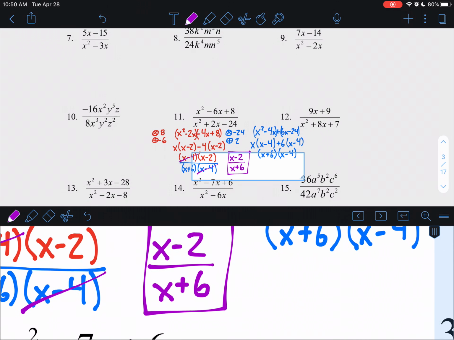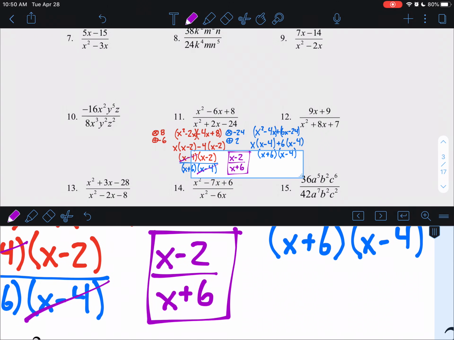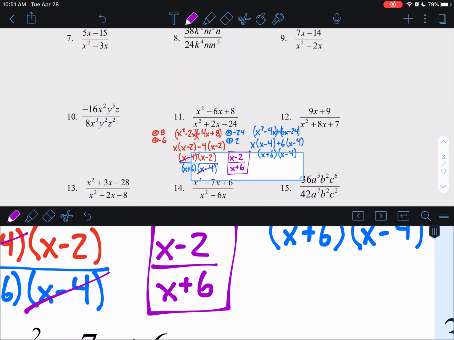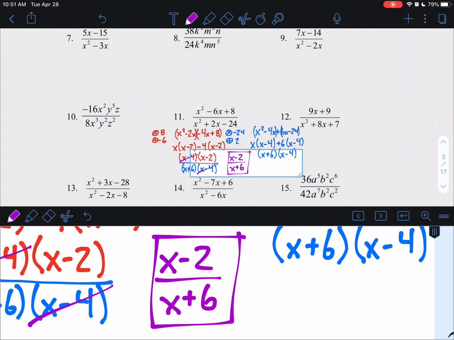I am going to post an assignment along with this where you can go in and input your answers. It probably won't be multiple choice. I know I've been giving a lot of multiple choice, but it probably will just be type the answer. I believe that's it. So remember, just factor whichever way possible.